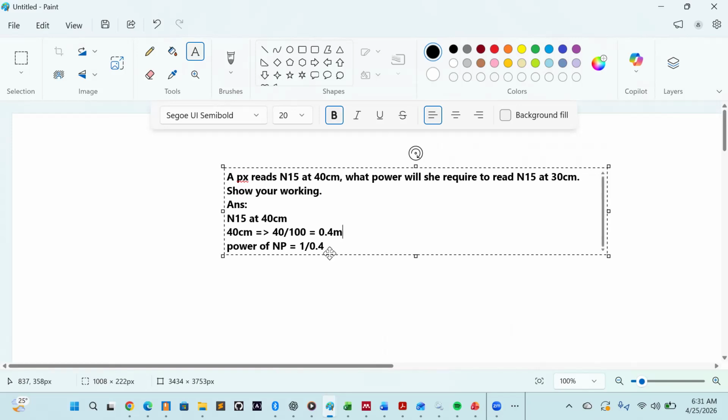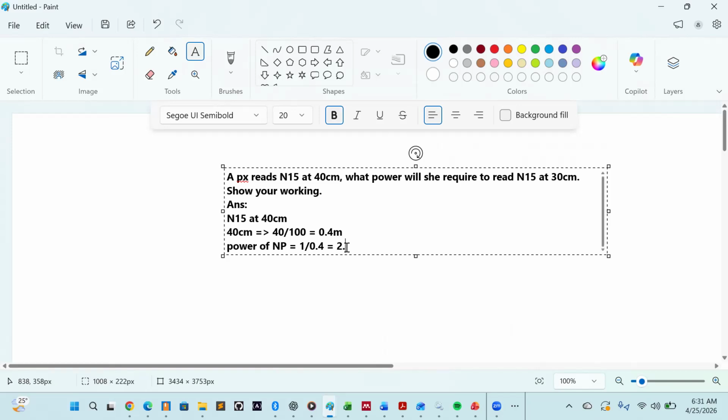So that is 1 by 0.4. Now, for some of us who don't like racking our brain, there are a lot of calculations to be doing, so I've given tips along the course on how you can calculate the power without having to divide by whatever you get.